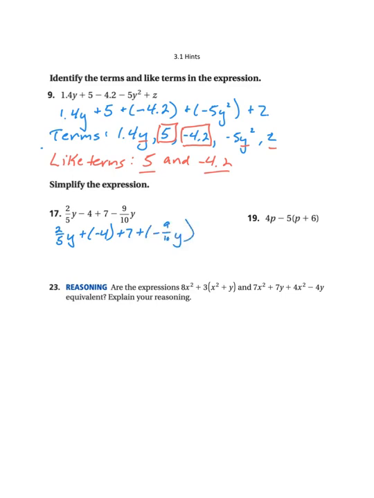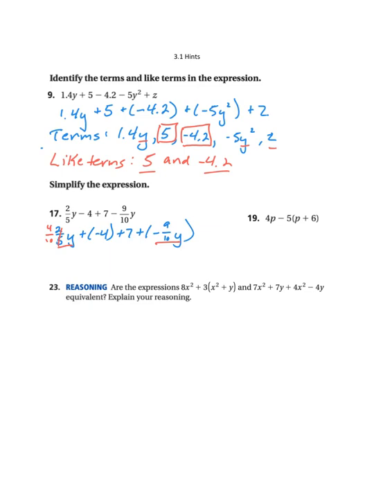Okay, now this is written as all addition, and I'm going to go ahead and combine my y terms. Those are right here. So let's see, 2/5 y minus 9/10 y. I could think of this 2/5 y as 4/10 y plus negative 9/10 y.